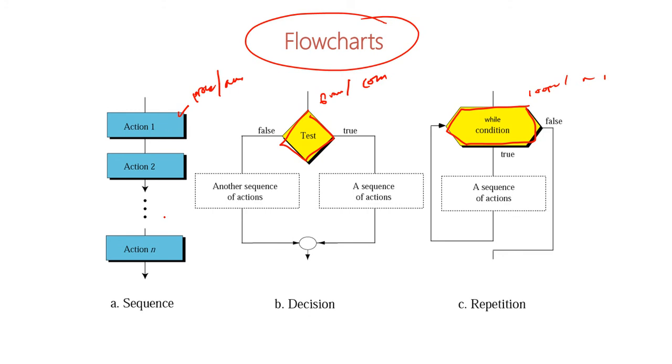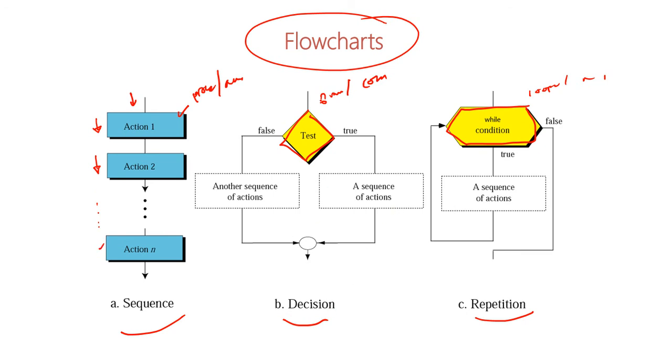So a flowchart can be a sequence, a decision, or a repetition. For the sequence, it executes the processes sequentially from the first process, and after it's done, it goes to the next process until the last process.